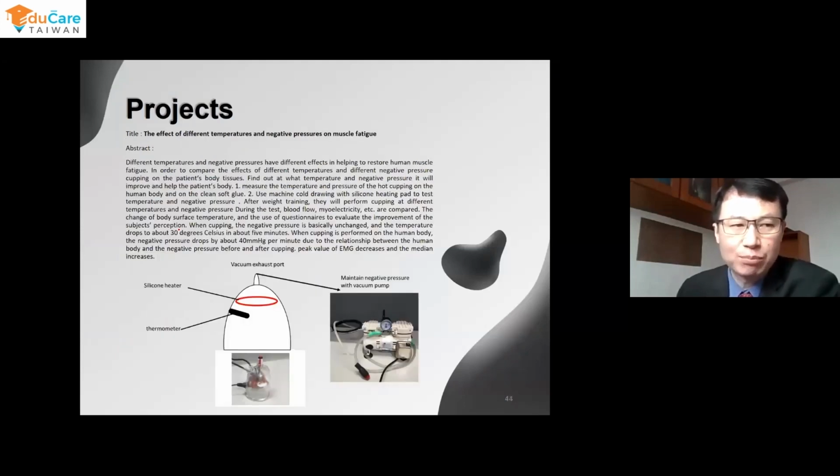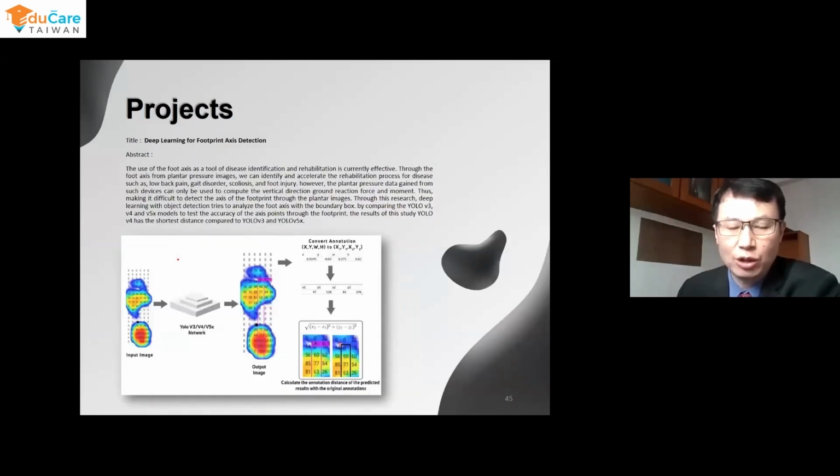How can we prevent our soft tissue problem? Maybe we can use cupping. Cupping therapy uses regular pressure to do that.